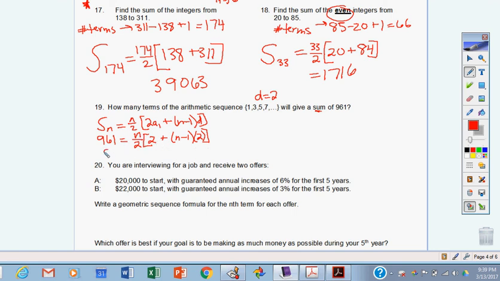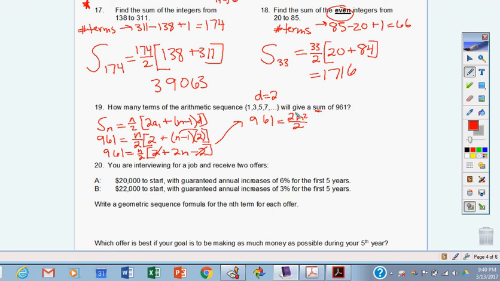That's it. So if we cruise this through, we got 961 equals n over 2 times 2 plus, distribute this through, 2n minus 2. Alrighty, and then it looks like the 2 and the negative 2 are basically going to cancel. So we're going to have 961 equals, it looks like n over 2 times 2n, that would just be like 2n squared over 2, right?